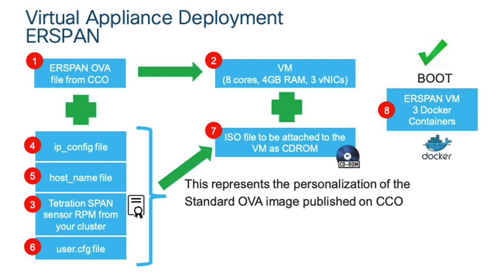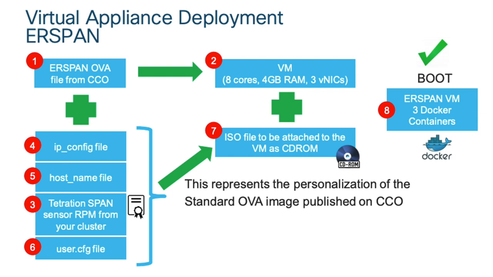We will be required to create an ipconfig configuration file to contain the IP and gateway addresses for each interface. So in the case of the ERSPAN, we required 3. So in this file, it must contain 3 rows, no more, no less, and no comments. All the interfaces must belong to the same subnet.